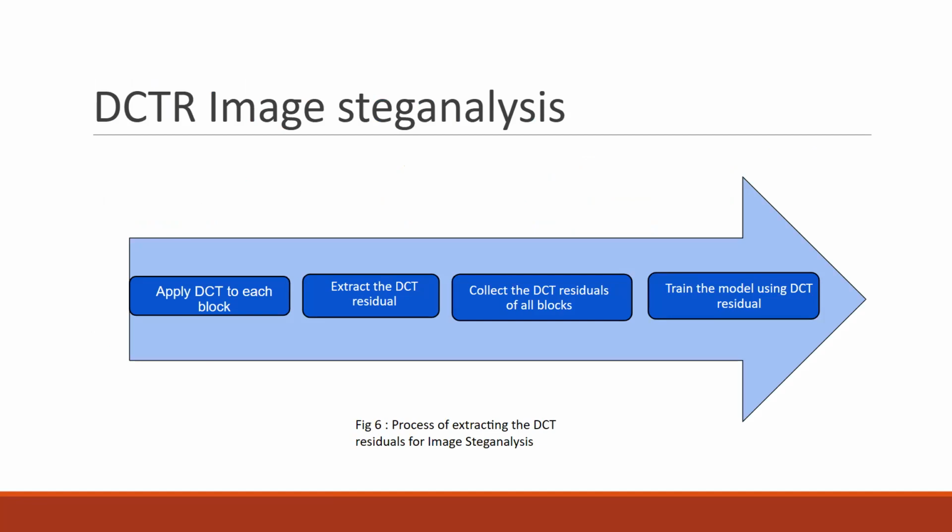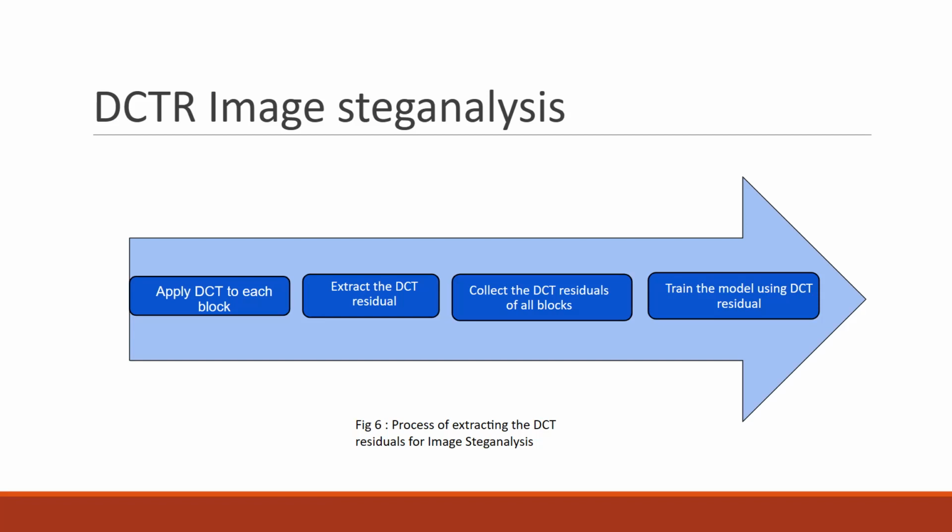Image stego analysis using DCTR, which is also known as DCT residual, as features involves the use of the discrete cosine transform, which we call DCT, to analyze the changes made to an image through steganography. This process involves the following steps. The first step is to apply DCT to each block, resulting in a frequency representation of the block. The next step is to extract the DCT residual by subtracting the quantized DCT coefficients from the original coefficients.